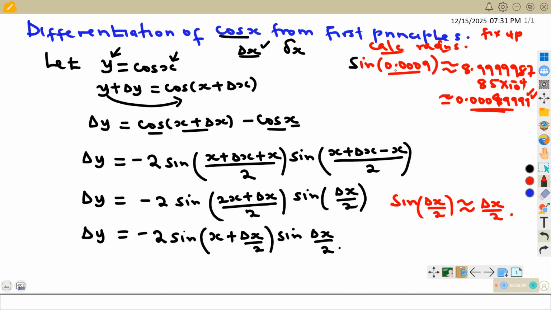Before we leave that, we can also try cos. Please try for us cos of 0.0009, and we see what it will give us. Maintain your calculator in radians.